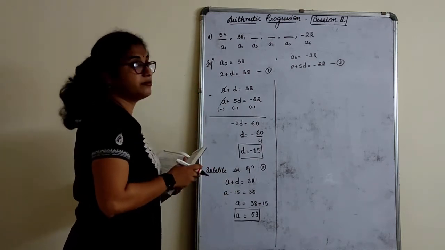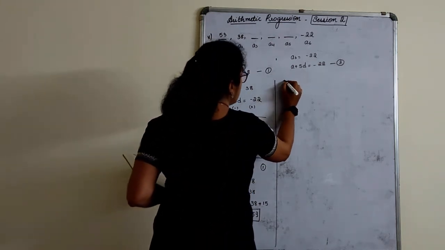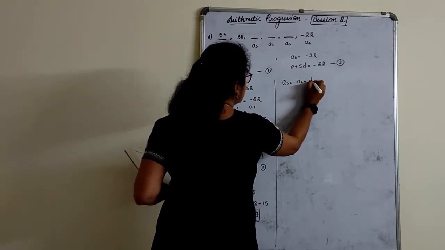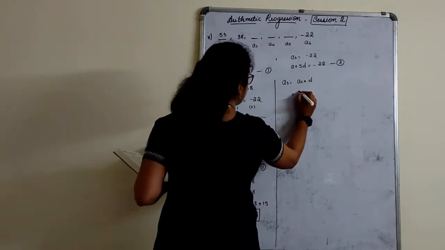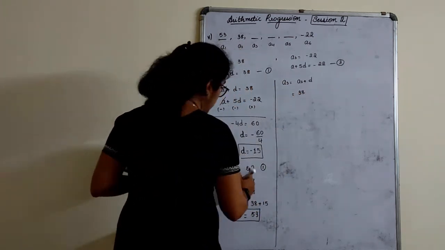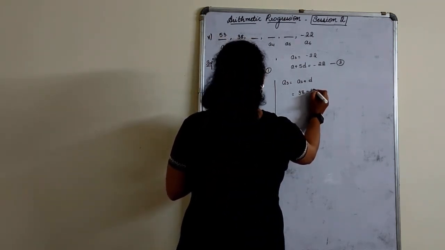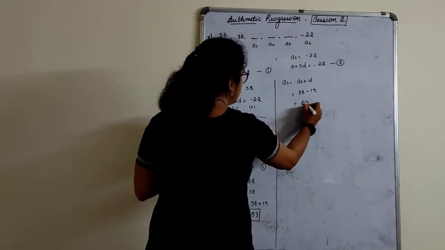I know second term. Let's find out third, fourth, fifth term consecutively. A3 is written as A2 plus D. What is A2, children? 38. So 38. What is D? Minus 15. 38 minus 15 will give you 23.